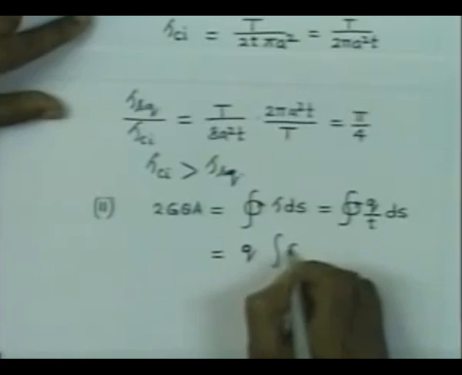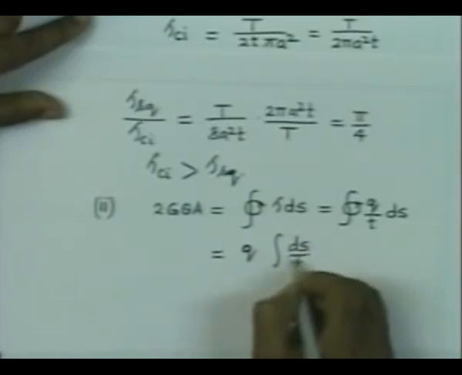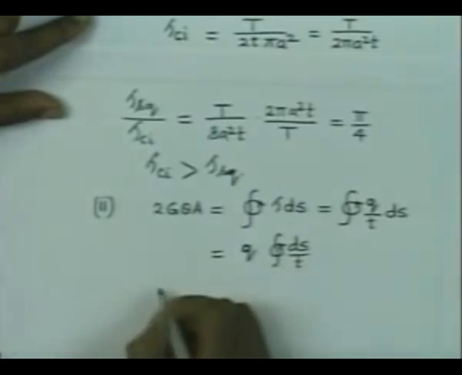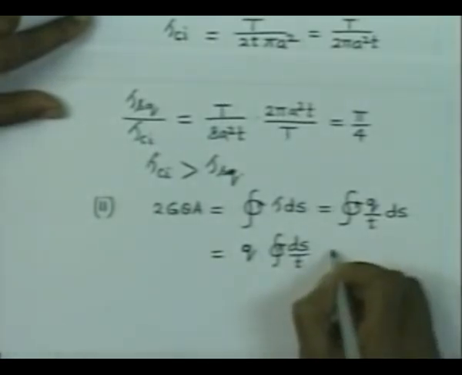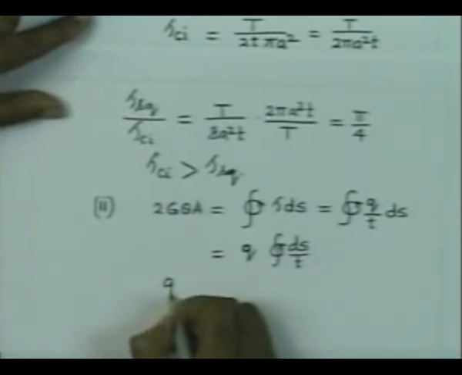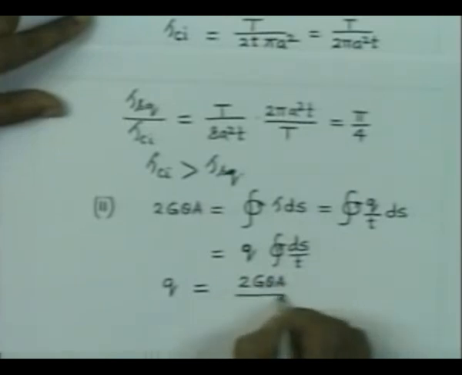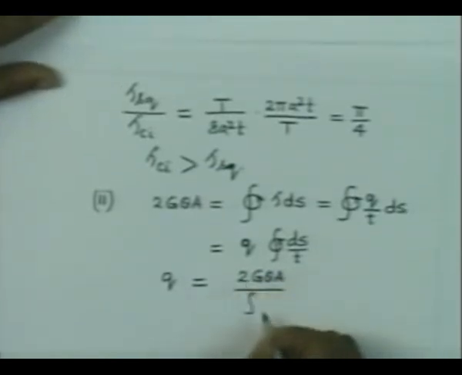So, therefore, it is ds by t, and finally, we have q is equal to 2G theta A by the integral of ds by t.